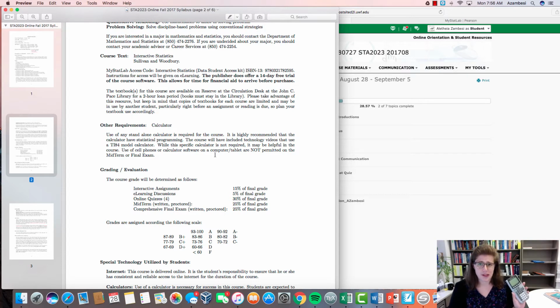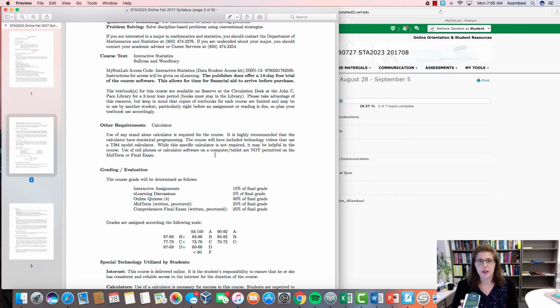Now, the TI-84 is expensive, so if you are tight on budget funds, this is my favorite inexpensive calculator. It's called the TI-30XS. The letters XS are the important part on this calculator. XS gives you multi-line display on this calculator. And this calculator runs about $14. Now, it doesn't give you all the bells and whistles of this one, but you will get everything you absolutely need for the course.